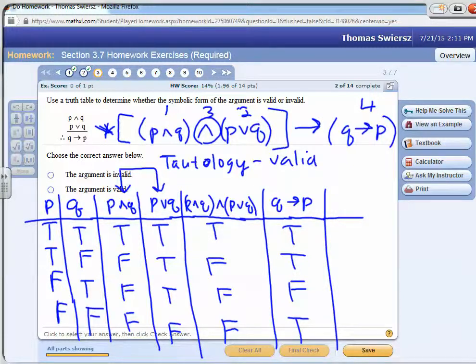Now we're doing our entire statement, okay, which again, the if part is going to be column 5.